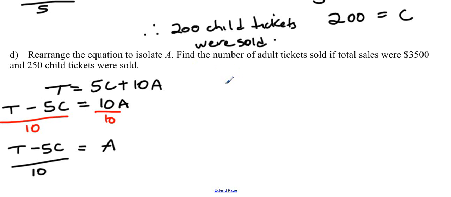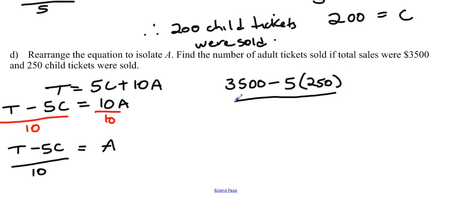Now we'll just sub in what we know. We know that the total sales were 3,500, so that's the T. And we know that 250 child tickets were sold, so I'm going to put that in where the C is. I've got this all divided by 10, and that's going to equal the number of adult tickets.